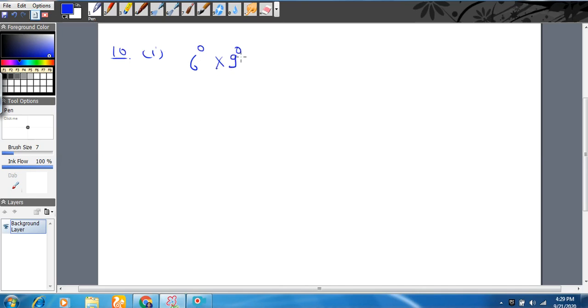First of all you have to simplify this, then find the reciprocal. सबसे पहले जो भी वैल्यूज आपको गिवन हैं, जो भी कैलकुलेशन है वो परफॉर्म करनी है, उसके बाद में उसका रेसिप्रोकल फाइंड करना है. So 6 power 0 is 1 because if 0 is the exponent of any number it gives 1. 9 power 0 is also 1. The product is 1. As you know, the reciprocal of 1 is 1. So the reciprocal is 1. It's very simple.